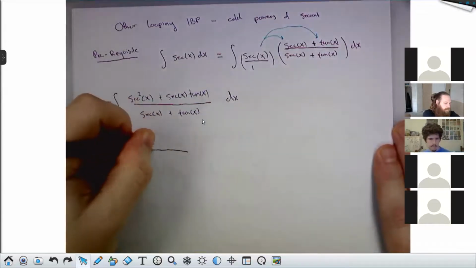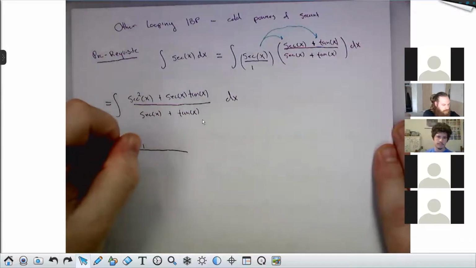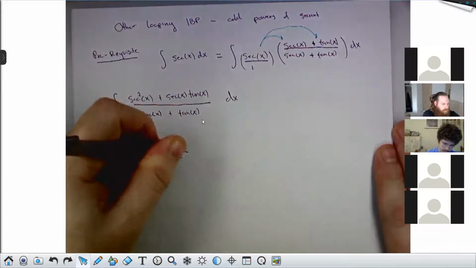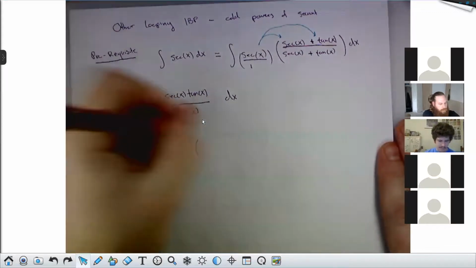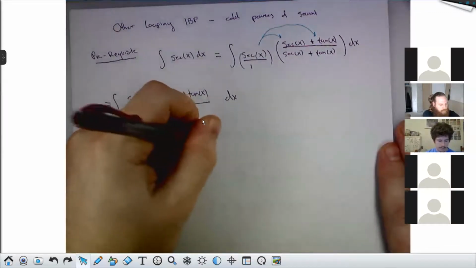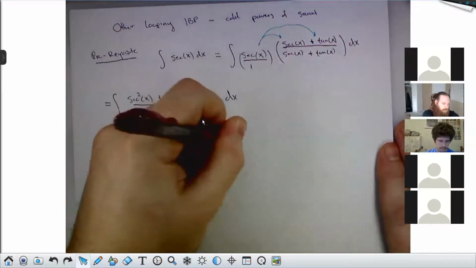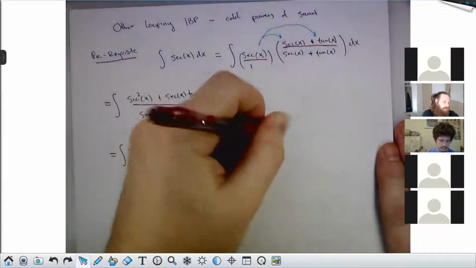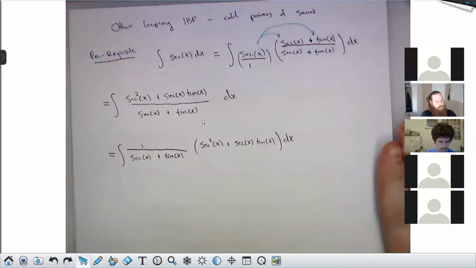So make it a little bit easier to see the substitution. Secant x plus tangent x, and then that numerator I'll write over here with dx: secant squared x plus secant x tangent x dx.